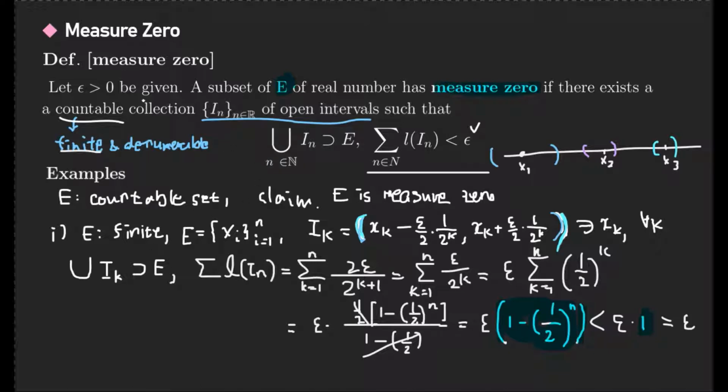So in the finite case, this is clearly measure 0. And in case E is countable, denumerable, if n corresponds to the natural numbers, we can match the natural numbers.